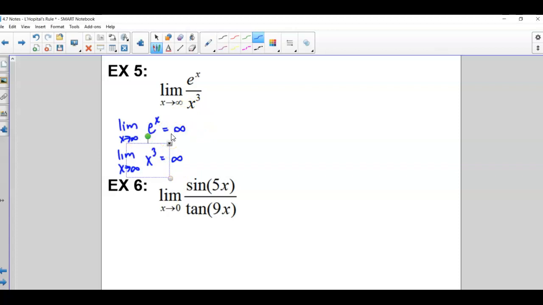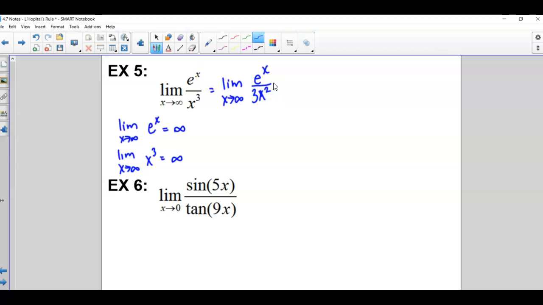So we could take the derivative of this. So if we do that, we could say that this equals the limit as x approaches infinity of e to the x over 3x squared. Now here's the problem.